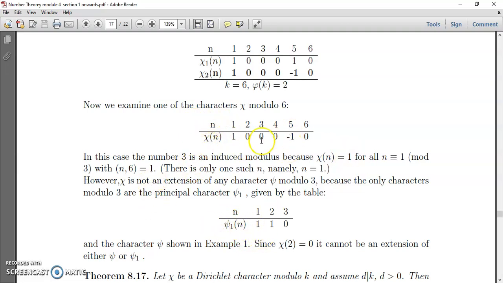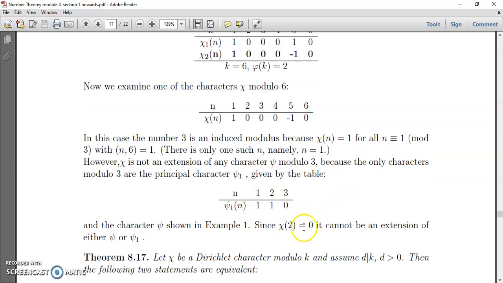We cannot generate the other terms, because psi 1 of 1 is 1, psi 1 of 2 is 1, psi 1 of 3 is 0, whereas chi of 2 is 0, chi of 3 is 0, and chi of 4 is 0. So this cannot be generated from this, since chi of 2 is 0. That is the reason this cannot be an extension.